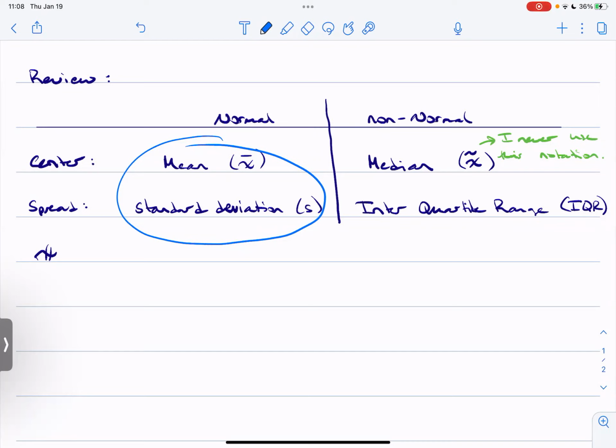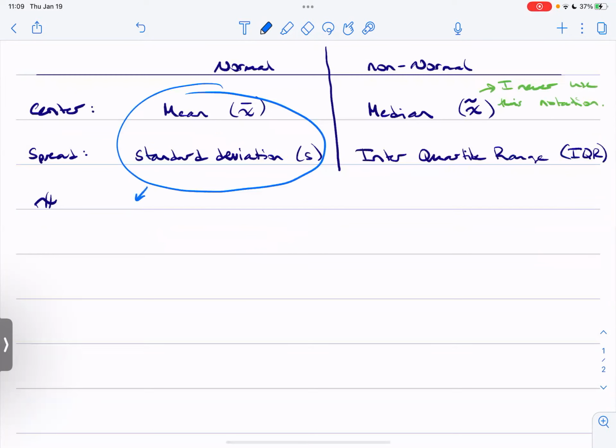So if you have outliers, which I'm assuming is a term we've heard in the past, outliers are extreme values, right? So if you have outliers, then the mean is pulled towards those outliers. And so that's kind of a problem.